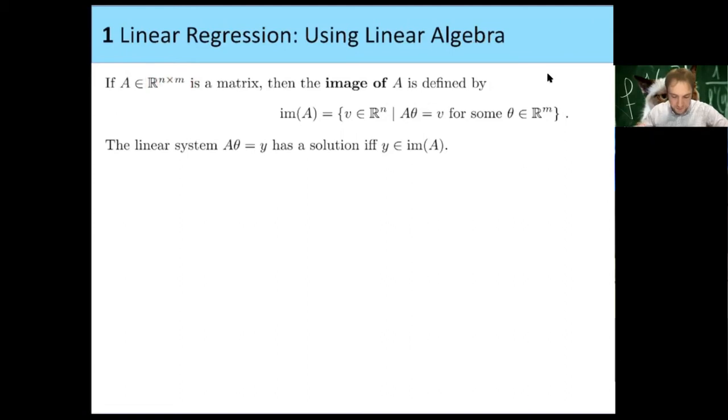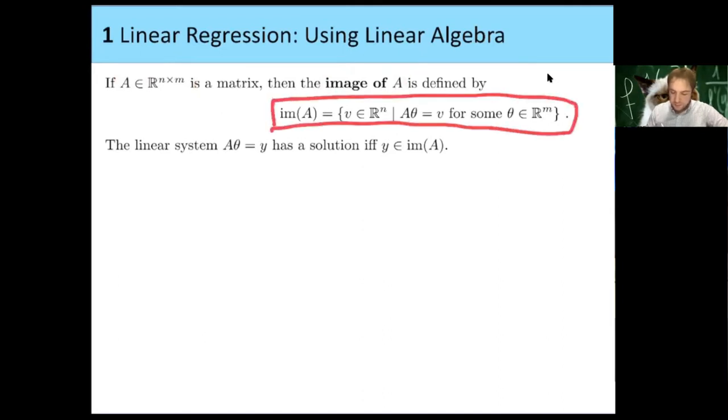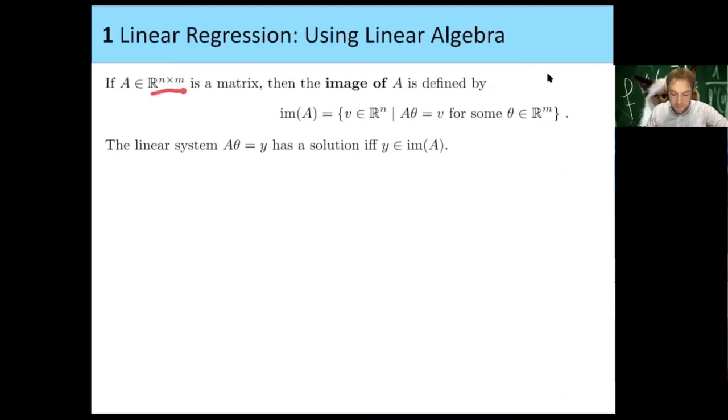So don't worry. Anyway, if we have an arbitrary matrix, then the image of this matrix A is the following set. This is an n times m matrix. So the image will be a subset of R^n. And this is the set of all vectors v such that there is a theta such that A theta equals v.